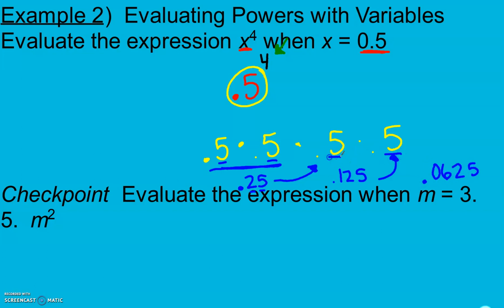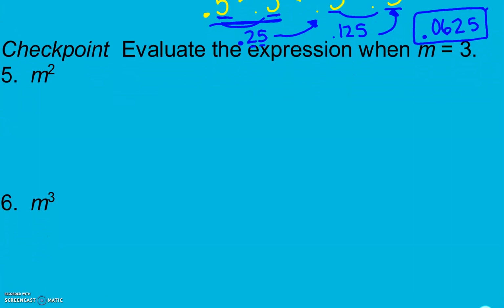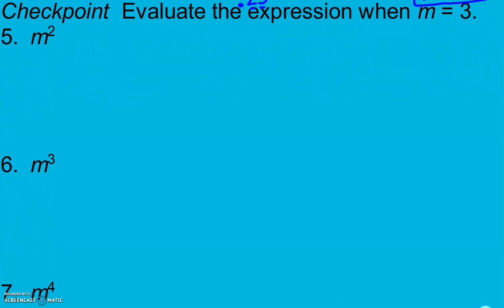Again, we have 4 decimal places, so I need 4 decimal places in my answer. If we wanted to, we could have done this 2 at a time, so I could have gone 0.25 here, 0.25 there, and then multiplied. Either way. Checkpoint here. We're going to try when m equals 3.